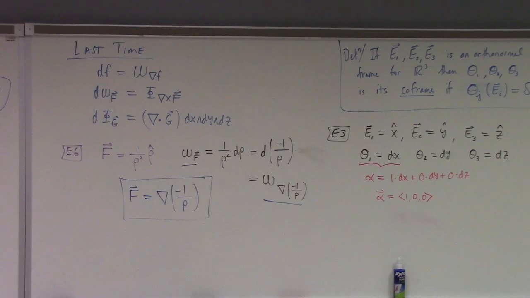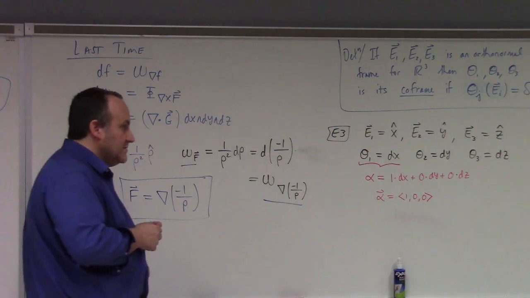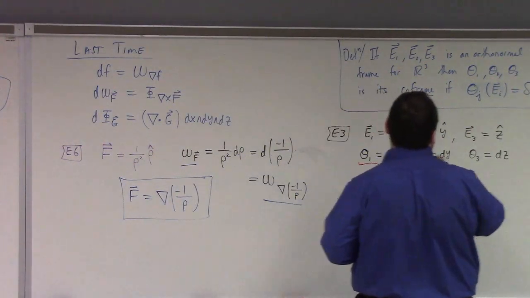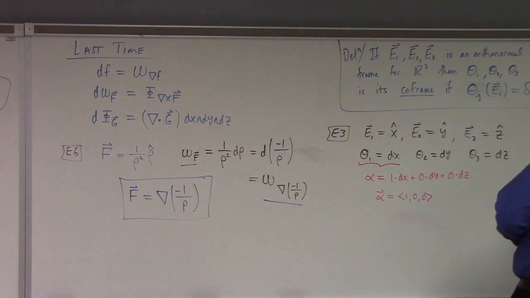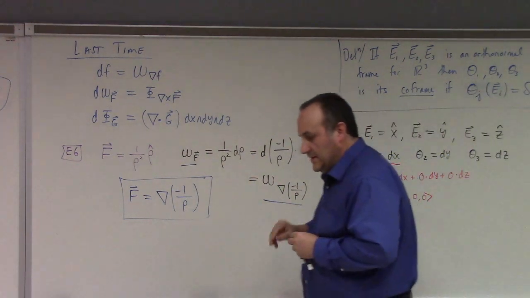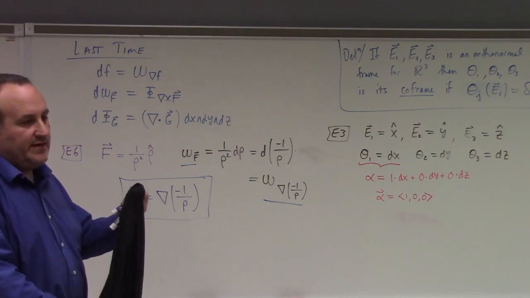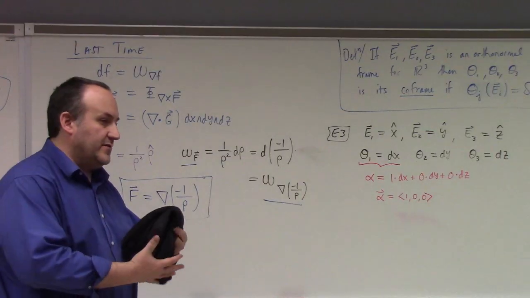Now, I asked something that was far less obvious after that. I asked why it was impossible to find a vector potential for this Coulomb field on the totality of the sphere. Did anybody find an answer to that? Yeah? At the origin, wouldn't it be 1 over 0? Well, we can think just about a sphere. We don't actually have to touch the origin.